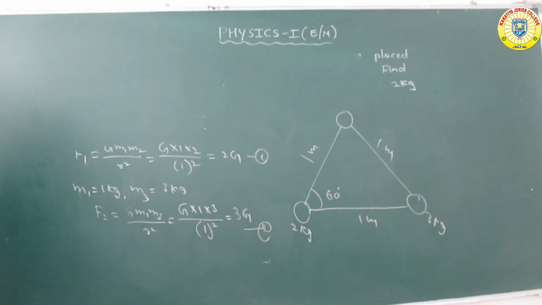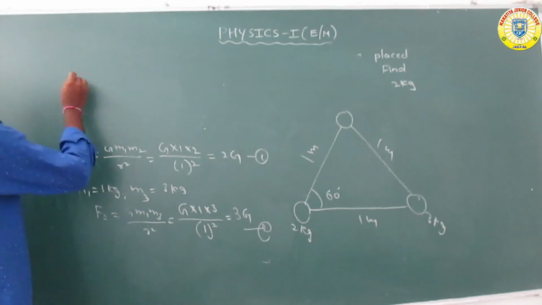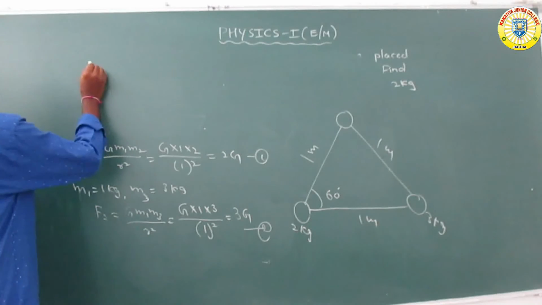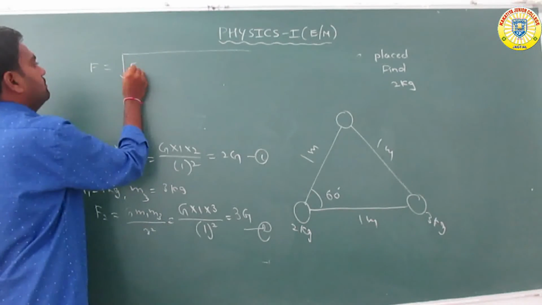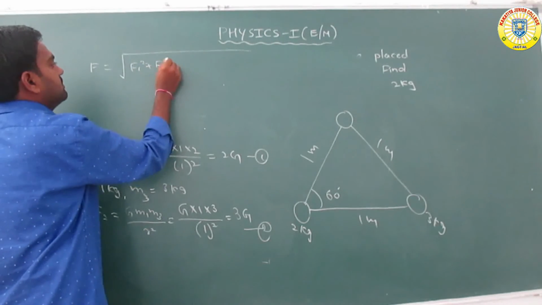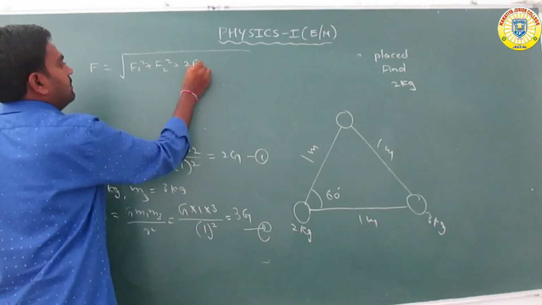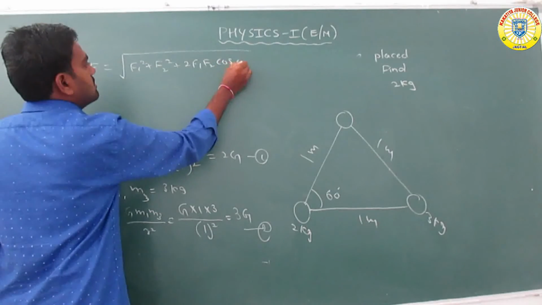So the resultant magnitude is F equal to under root of F1 square plus F2 square plus 2 F1 F2 cos theta.